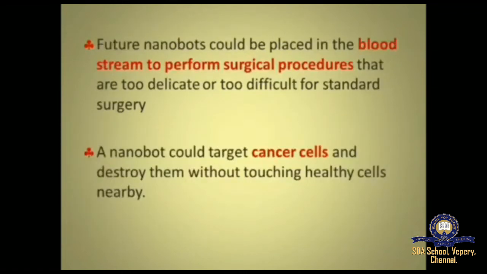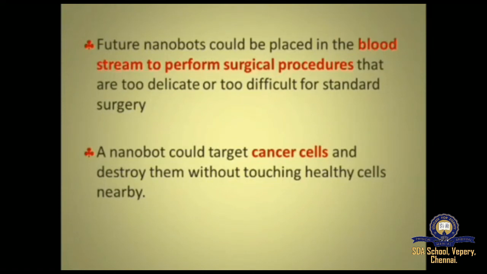Future nano robots could be placed in the bloodstream to perform surgical procedures that are too delicate or too difficult to handle for standard surgery. A nano robot could even target cancer cells and destroy them without touching healthy cells nearby.